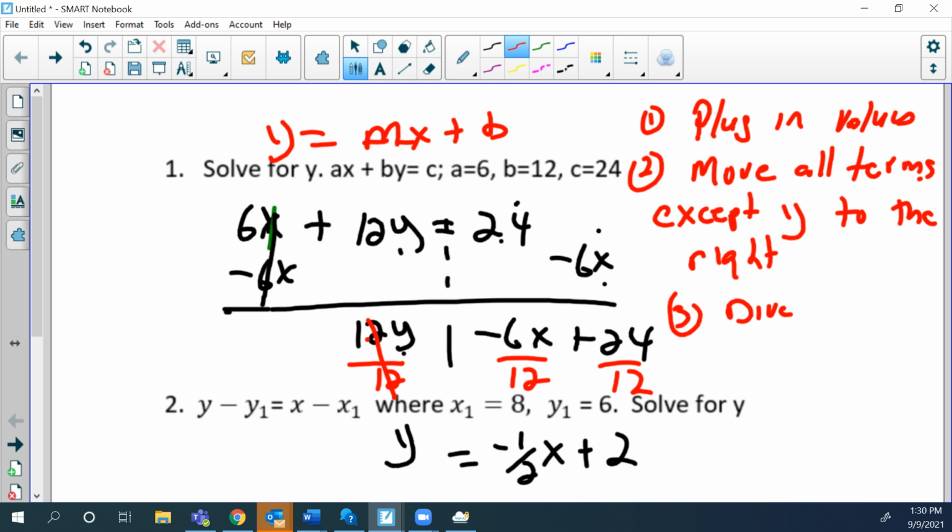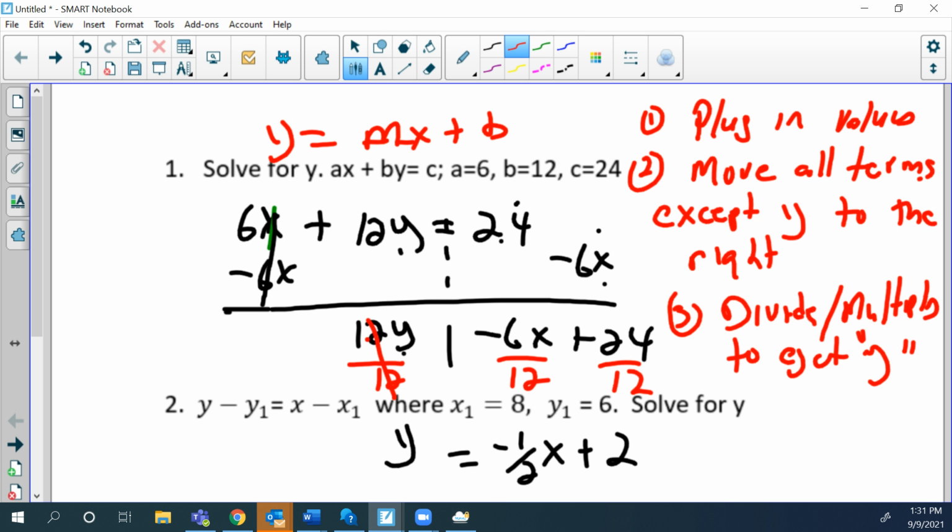Divide, or multiply, to get y. In this case, we're dividing. So if you follow those steps, you will be fine. All right, so that's the one right here.